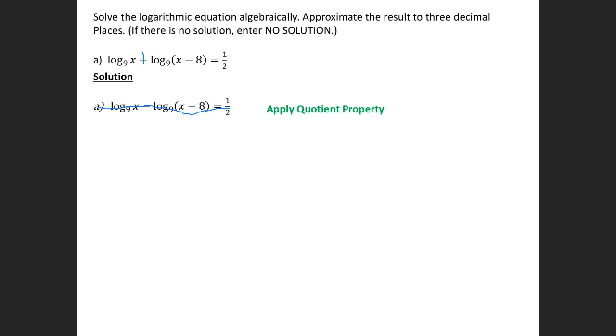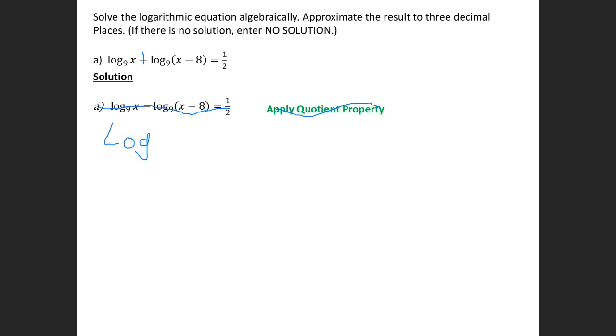So now we're not going to apply our quotient property, but our product property. We have two logs that we're adding together, so the product property says I can multiply both of these logs.